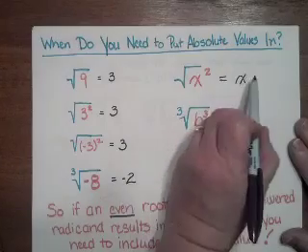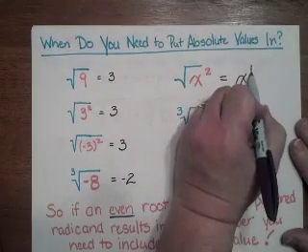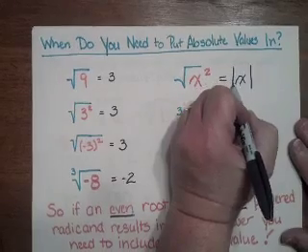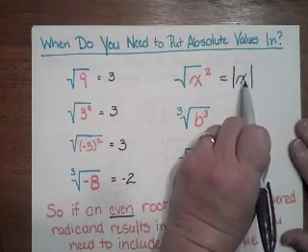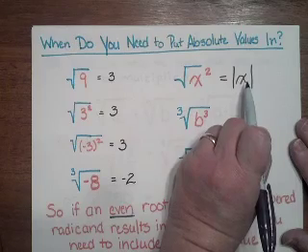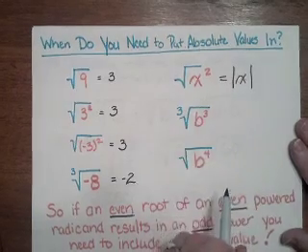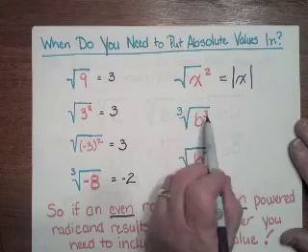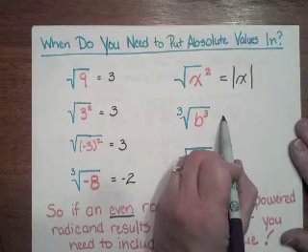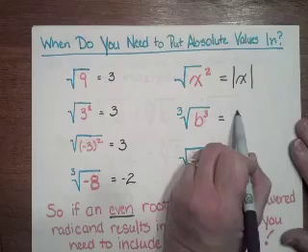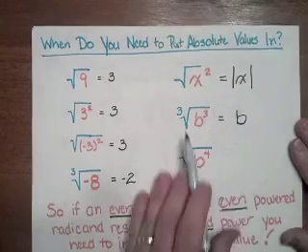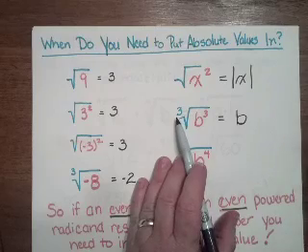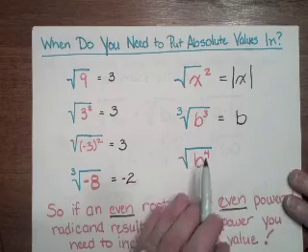However, since x is odd, I need to put the absolute value, because I know I need the positive value of x. Now if I have a cube root, it won't matter so much. So my cube root is just b, because it doesn't matter. If b is negative, that's okay, because I have a cube root. It's an odd root.